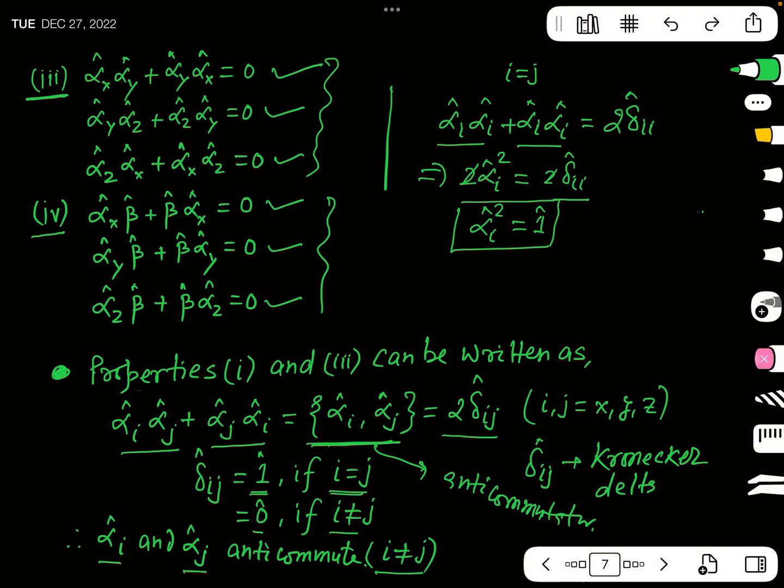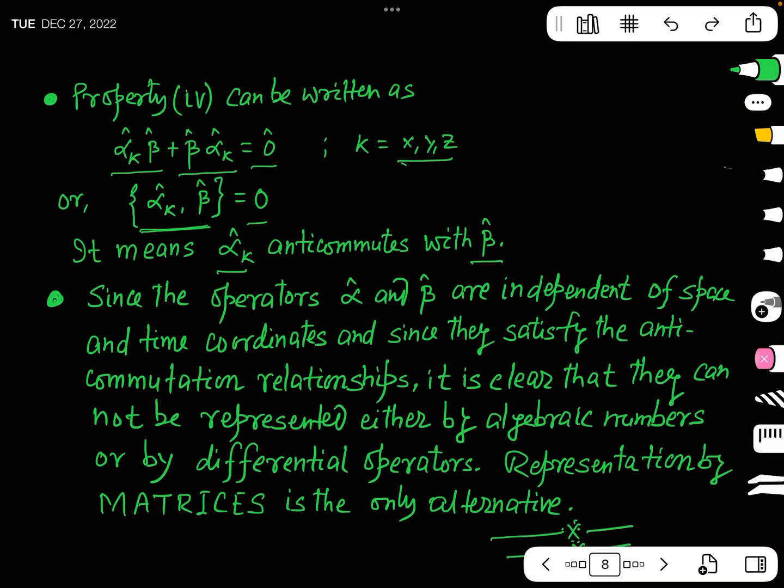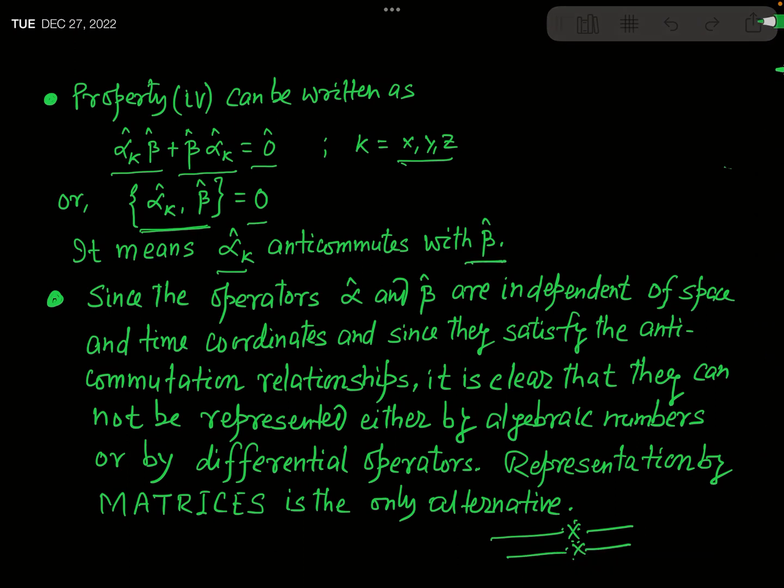So these two properties, that alpha and beta are independent of space and time coordinates, and at the same time they anti-commute, indicate that these operators cannot be represented by any algebraic number, and at the same time these operators cannot be differential operators.